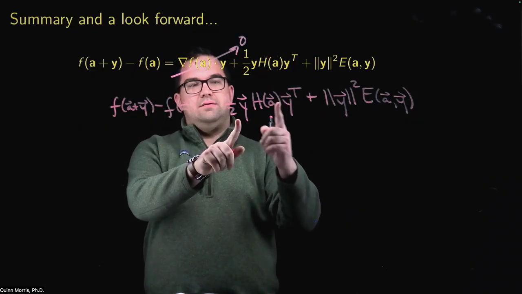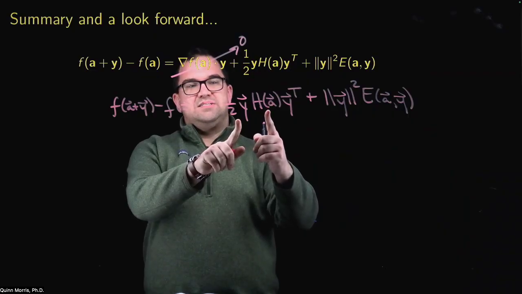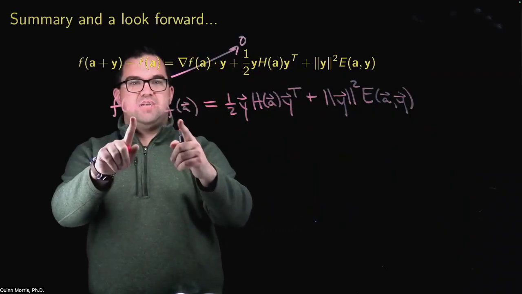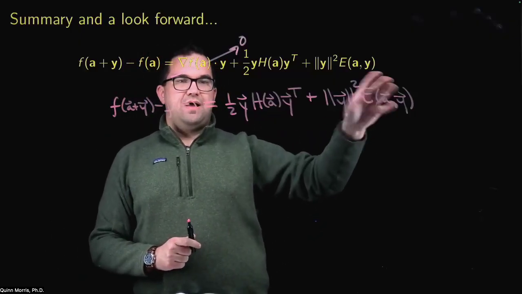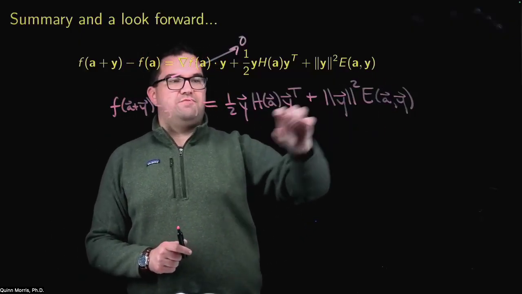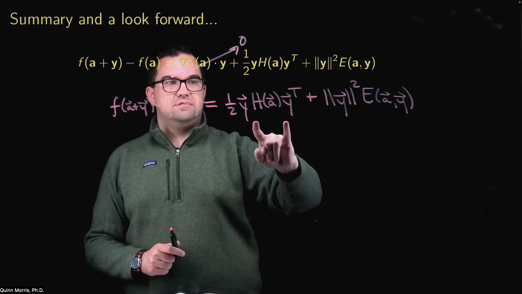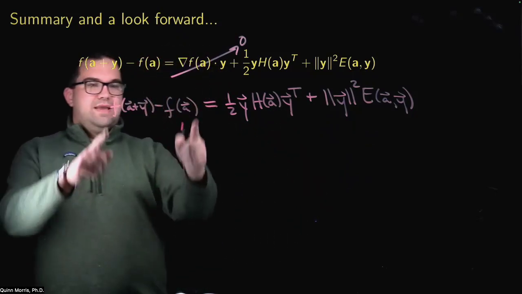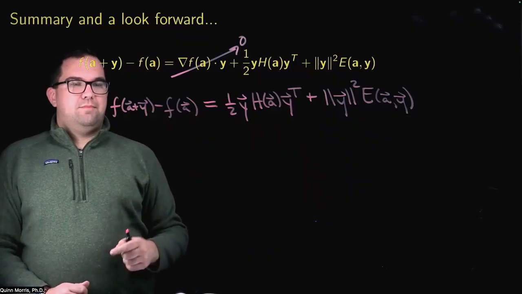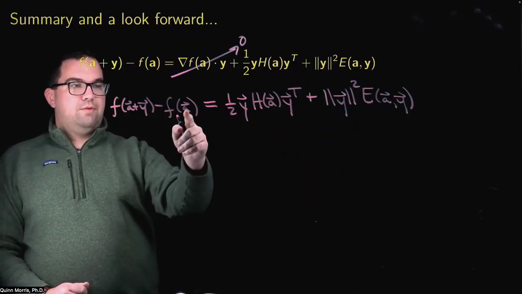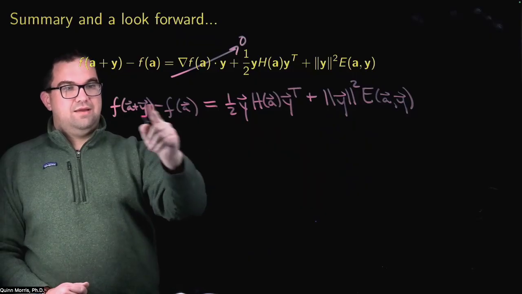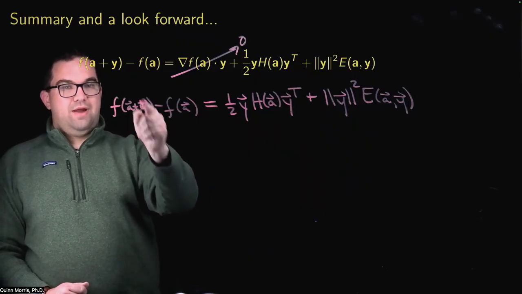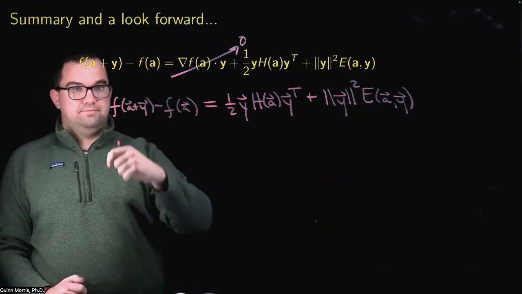The sign of this quantity should really tell me the sign of the whole difference. Because if this is negative, who cares if the error term is positive? It's going to be so small that it's not going to change the sign. Now, why do we care about the sign? If I want to know whether I'm at a maximum or minimum, I want to know the difference between f of a and f of a point near a plus y.